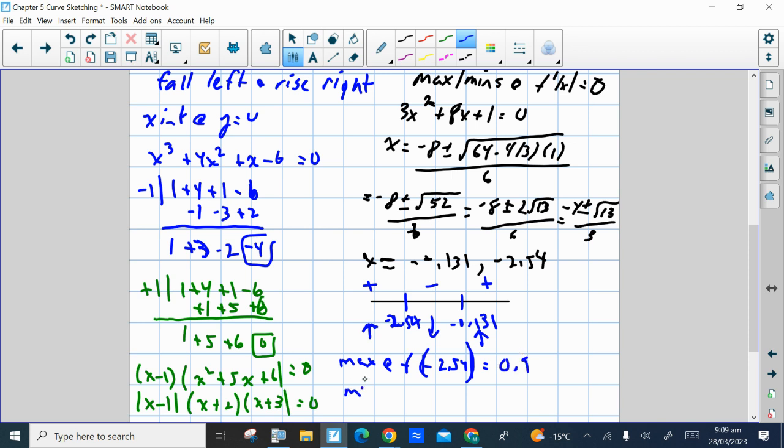We'll have a minimum at f at negative 0.131. And if you plug that into the original expression, you'll get negative 6.1 approximately.